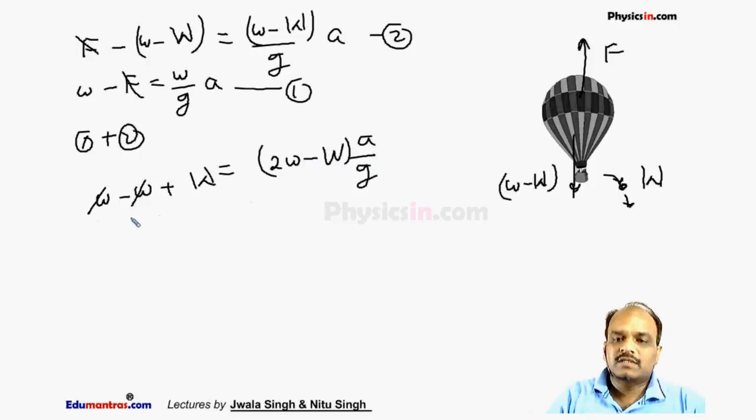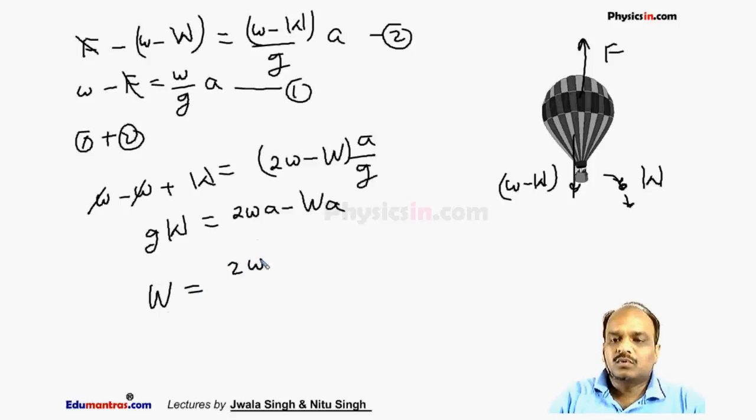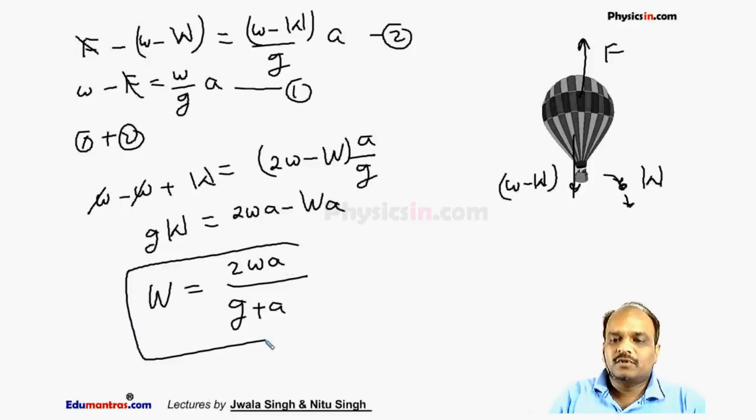So we get g into capital W is equal to 2w into a minus capital W into a, or from here we can say capital W is equal to 2w into a divided by (g plus a). This is the weight of the body which must be dropped from this balloon.